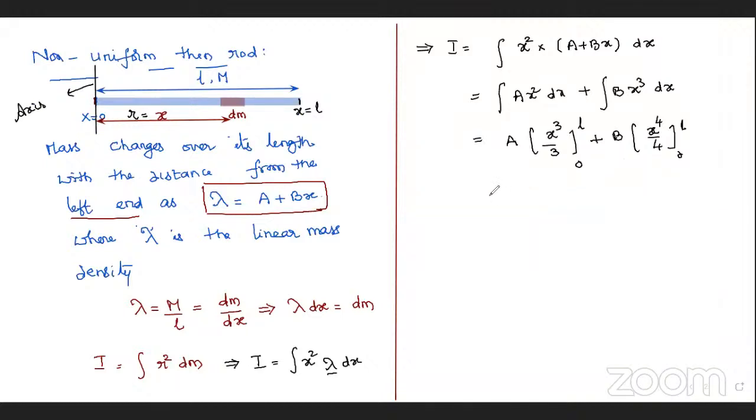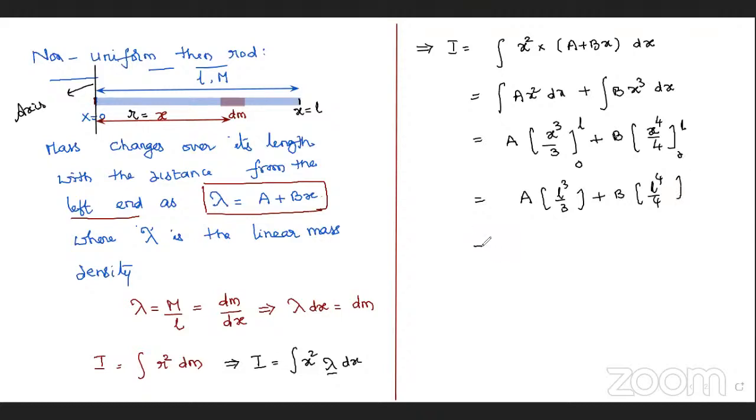Then I substitute the limits. A, x cube, that is L cube by 3, plus b, x power 4. Lower limit I'm not substituting. Why? Because it is 0, no need to substitute. Directly I'm going to the other one, b into upper limit, L power 4 by 4, minus lower limit, not substituting, because again it is 0.